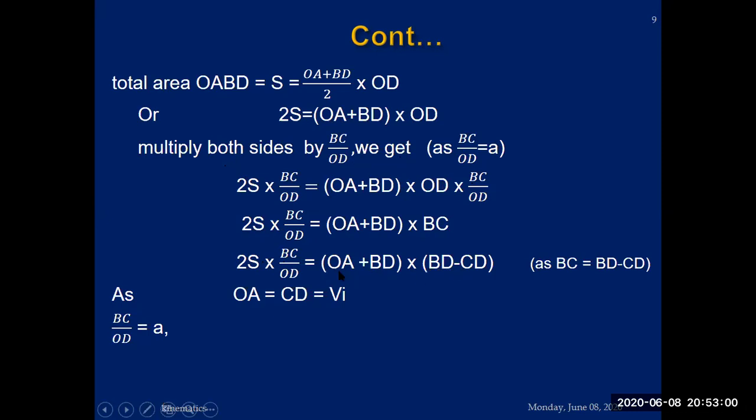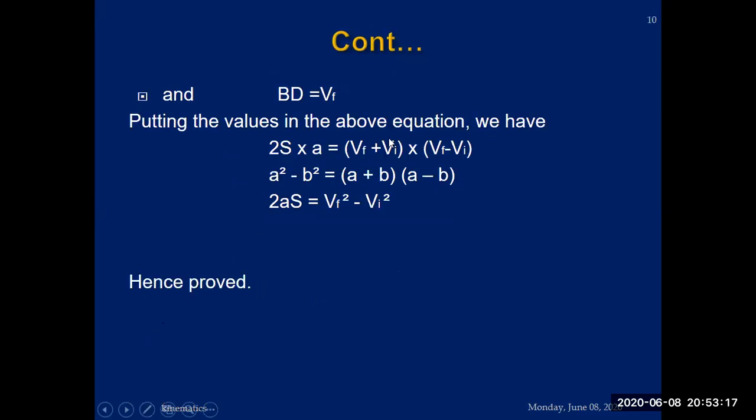After putting values, OA is equal to CD, and this CD is equal to VI, the initial velocity. This BC over OD is basically the acceleration of the body. Then you are getting (VF plus VI)(VF minus VI).